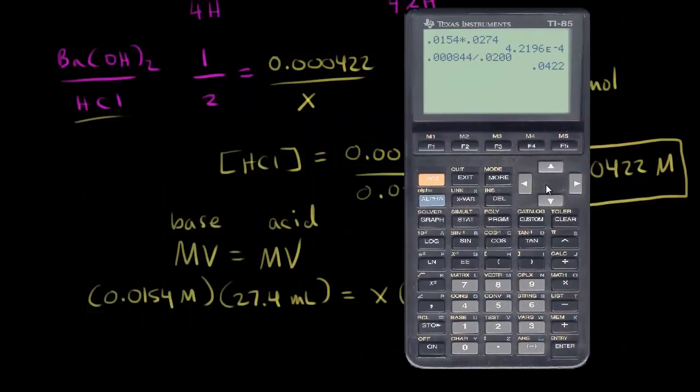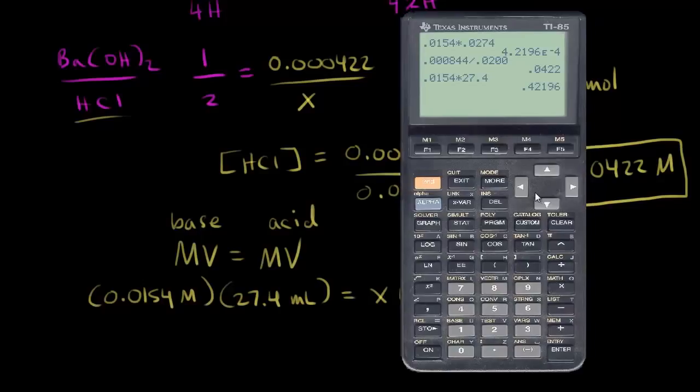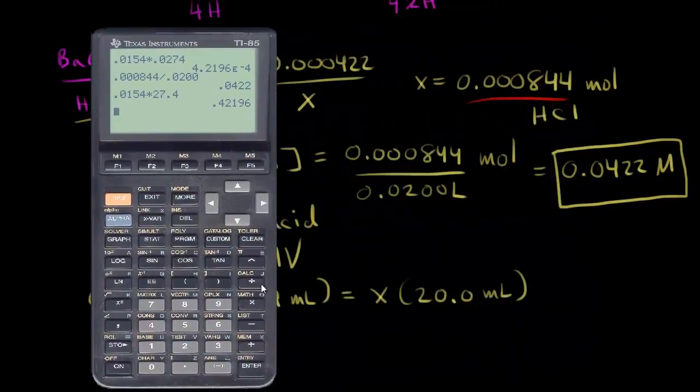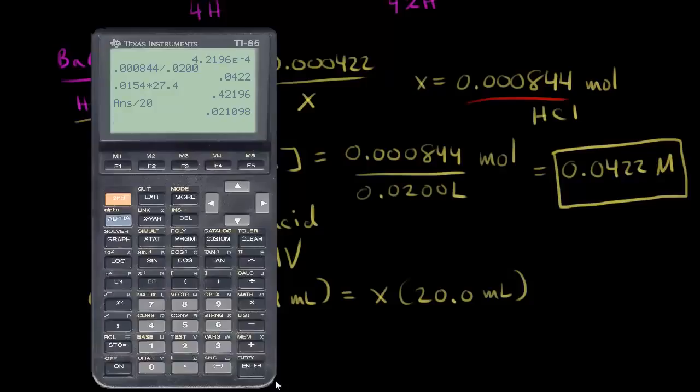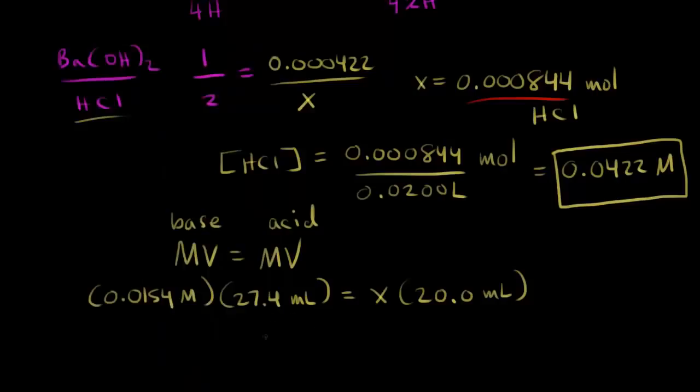So let's do that calculation. Trying to use the shortcut way, 0.0154 times 27.4 gives us that number. Divide by 20, and we get 0.0211. So for our answer for x, we get 0.0211 molar.